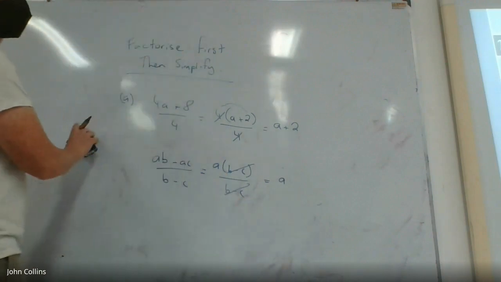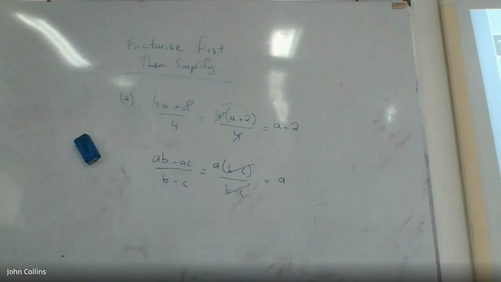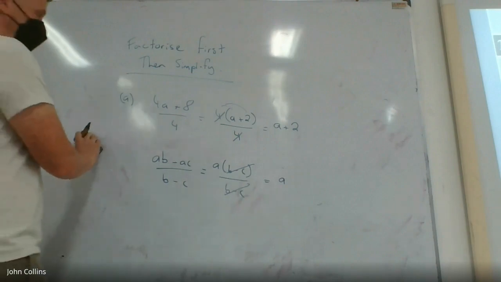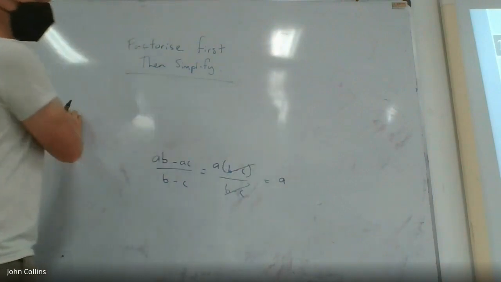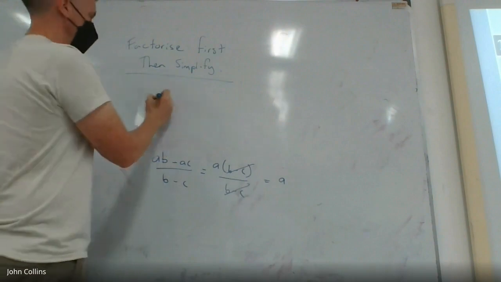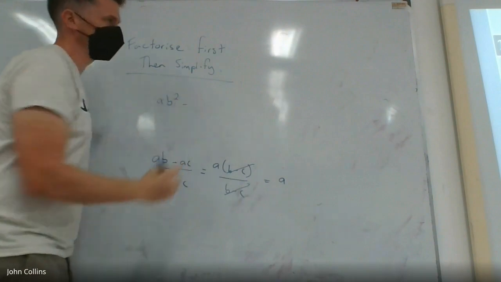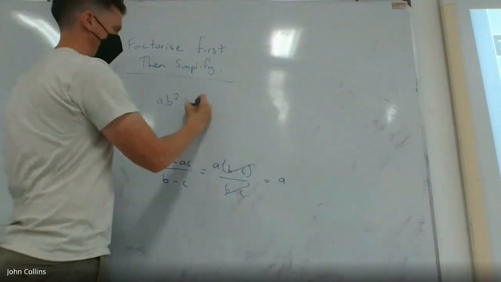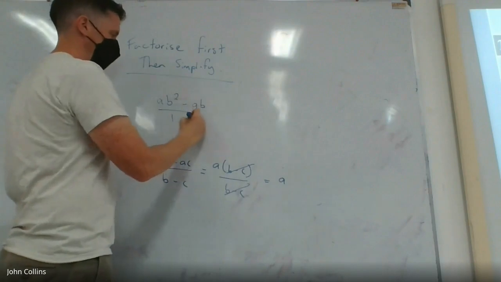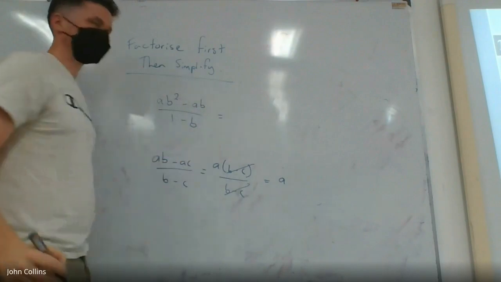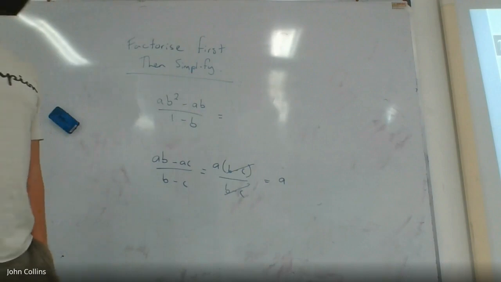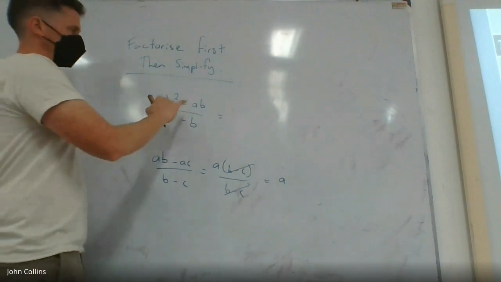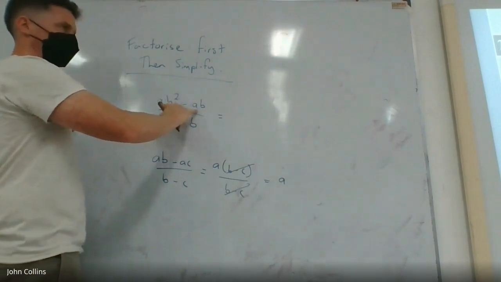Let's do the second one on the third line. So we have AB squared minus AB all over 1 minus B. What's the common factor for both these two?